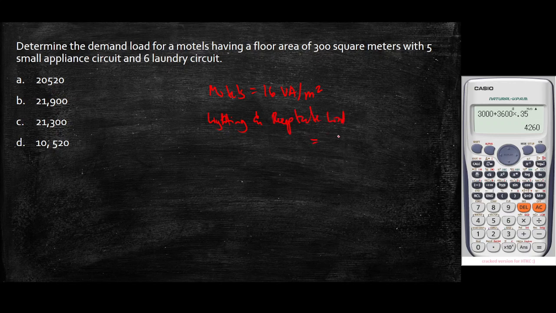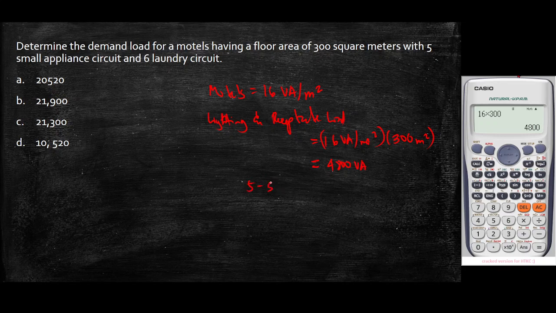So we have 16 volt ampere per square meter times 300 square meters. The answer for this one is 16 times 300. Meron tayong 4,800 VA. Tapos meron tayong 5.